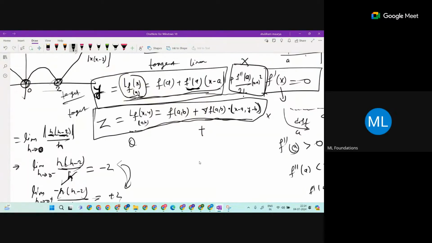The left side is just, if you keep the function, it becomes a linear approximation. If you keep y, then it will be a line. And if you keep z for multivariable, then it will be a plane. But the right side is the same for the linear approximation and the tangent. So these are the formulas we have.